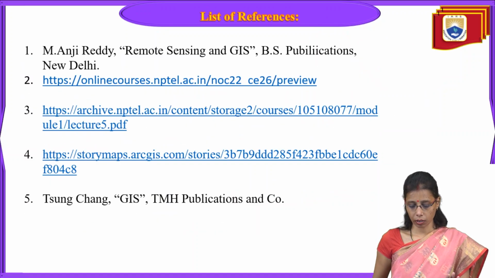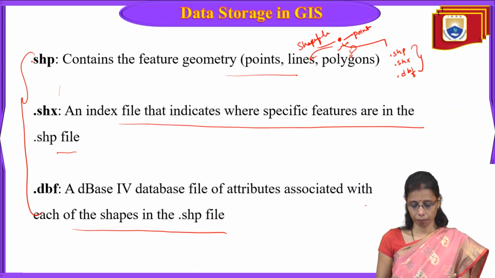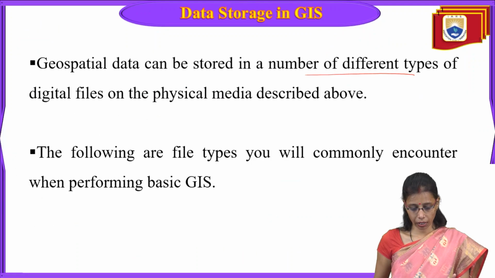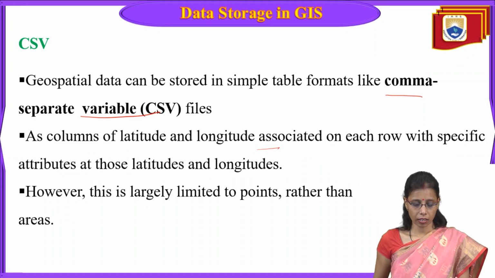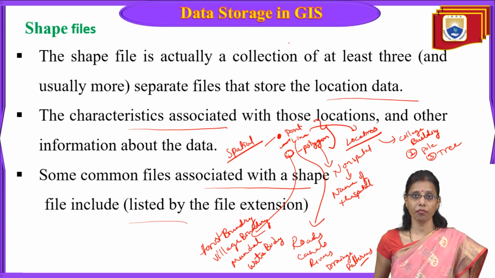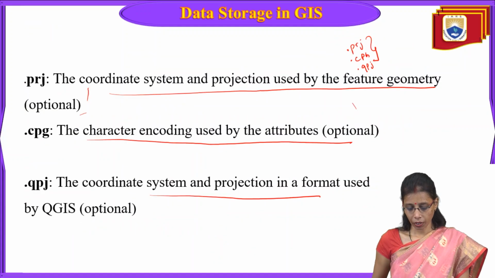This is the very important part. Storage formats are graphical maps, CSV and shapefile. The shapefile is very important in the GIS process when you save files, and all data is saved along with the shape. The attribute information is also saved in the shapefiles. I hope you understood the data storage in GIS.